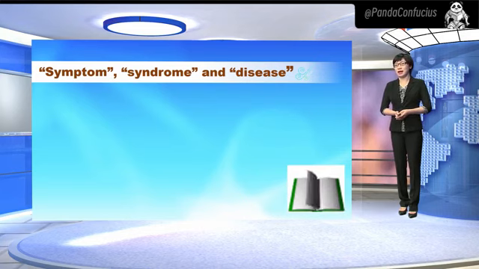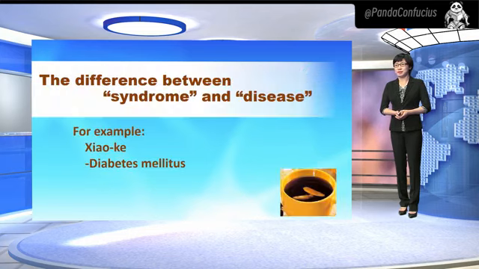Coughing, headaches, and diarrhea simply can be symptoms of the disease itself in TCM. Jaundice, ascites, and goiter are signs which can be discovered by the patients themselves. The difference between syndrome and the disease.